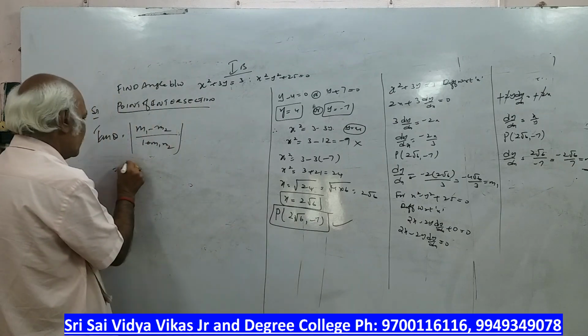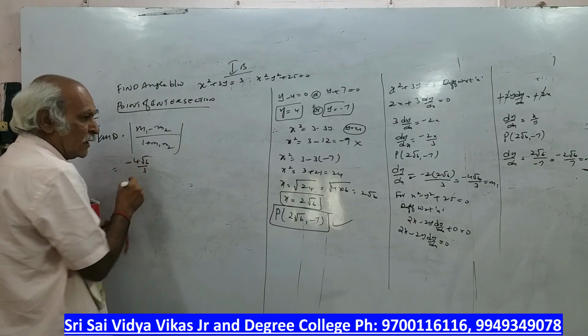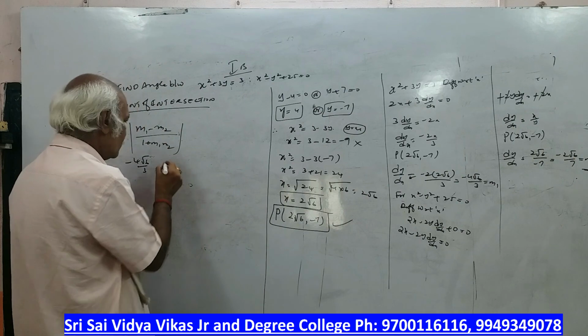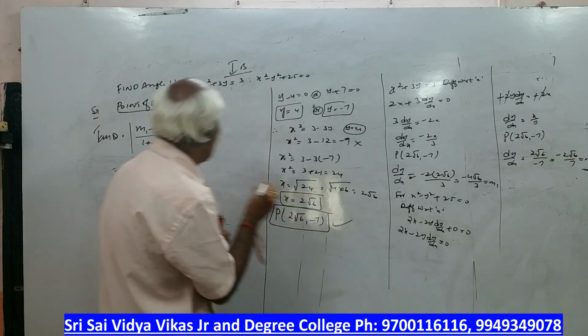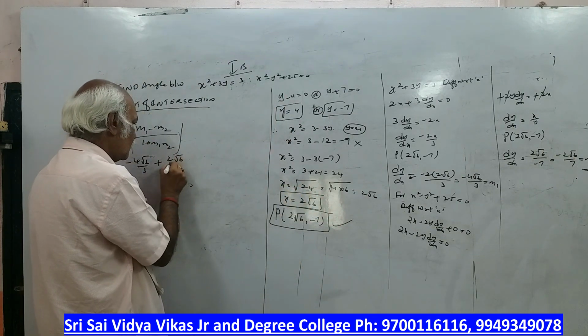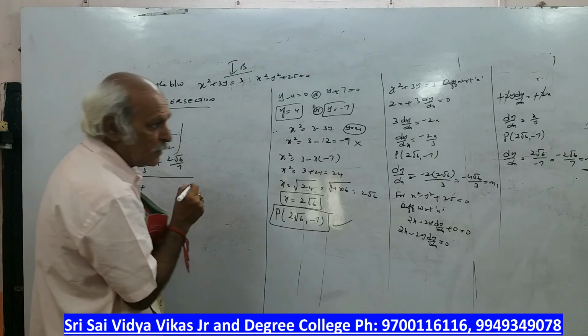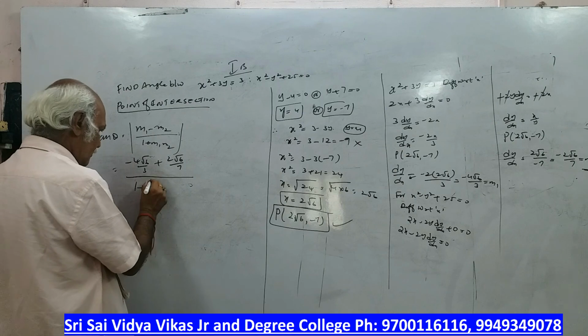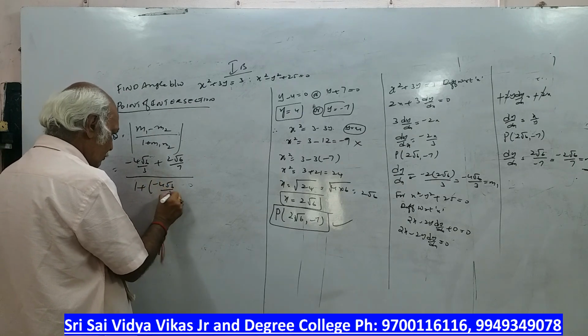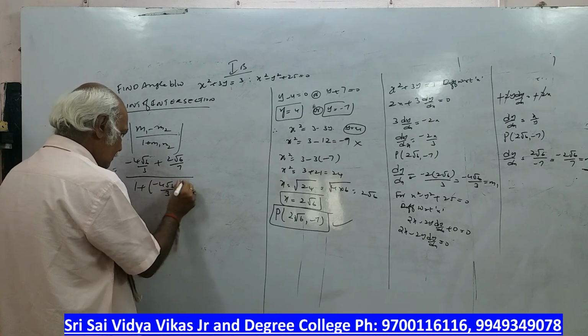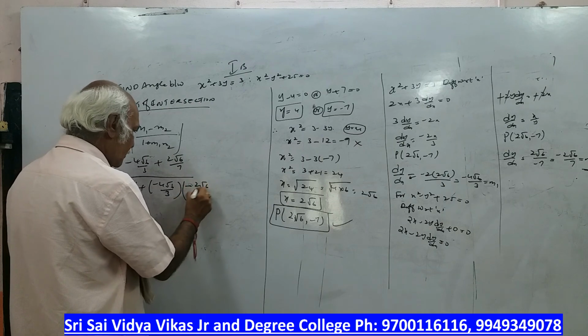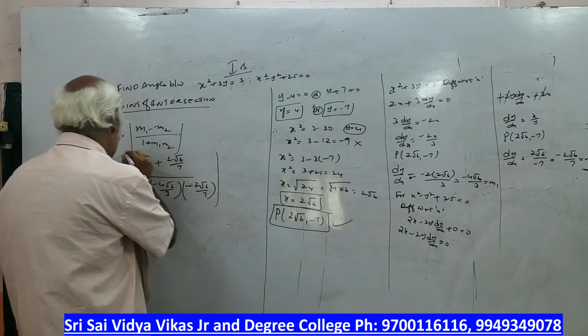Minus 4 root 6 by 3. What is m2? Minus 2 root 6 by 7. So tan theta is m1 minus m2 by 1 plus m1 m2, with m1 as minus 4 root 6 by 3 and m2 as minus 2 root 6 by 7.